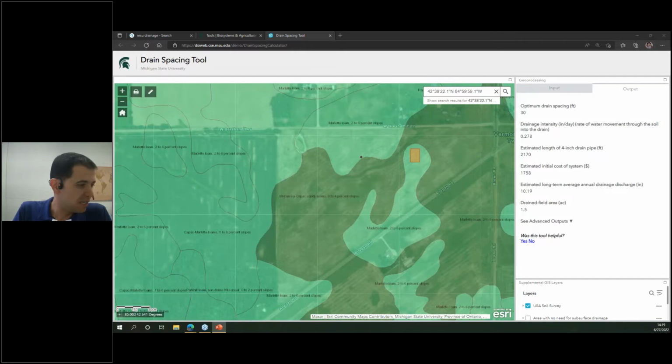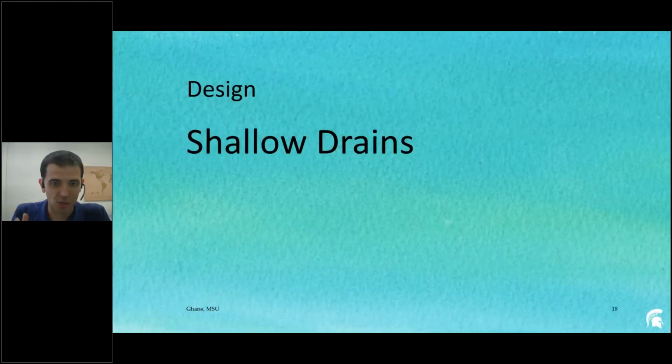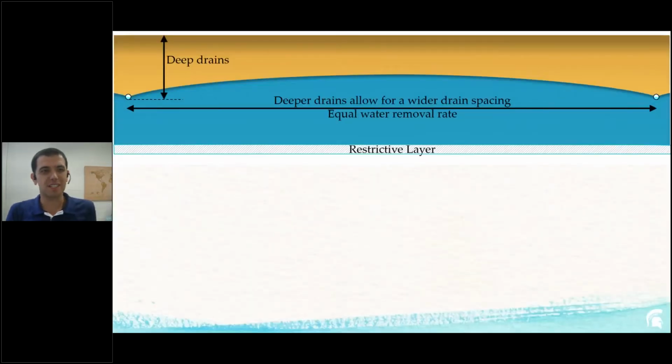Let me explain a little bit about the shallow drain that I mentioned. This is an example of a deep drain, let's say 4 feet. I've seen these in Iowa, Minnesota, let's say 4, 4.5, or even 5.